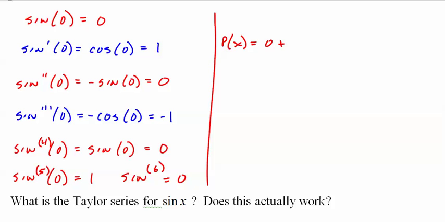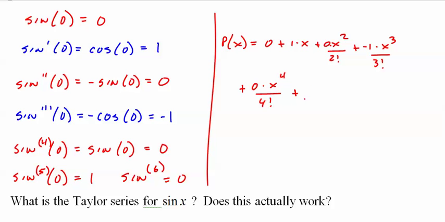Our A1 is 1 times x, plus 0 times x squared over 2 factorial, plus negative 1 times x to the third over 3 factorial, plus 0 times x to the fourth over 4 factorial, plus 1 times x to the fifth over 5 factorial, plus 0 times x to the sixth over 6 factorial.